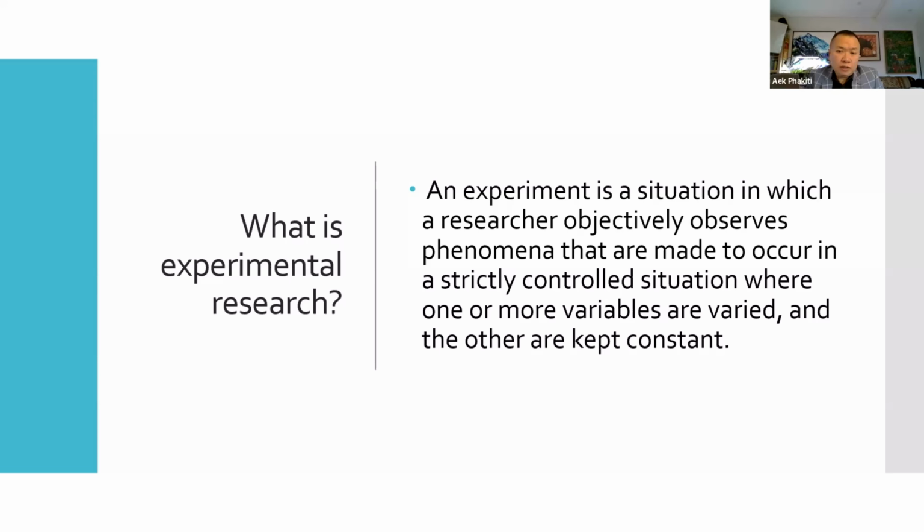And basically, when we say control the situation, we want to vary the amount of the variables that you're interested in, to see if it can cause or lead to some change, and then make other things constant.